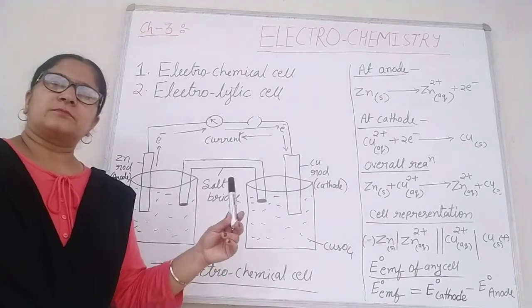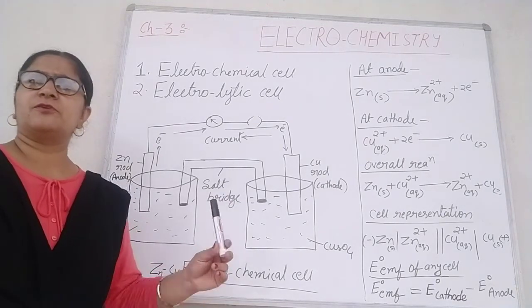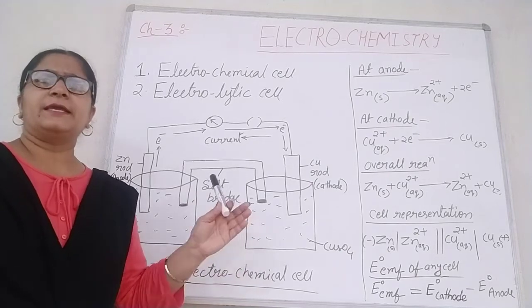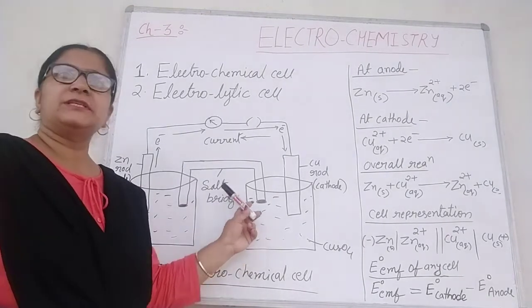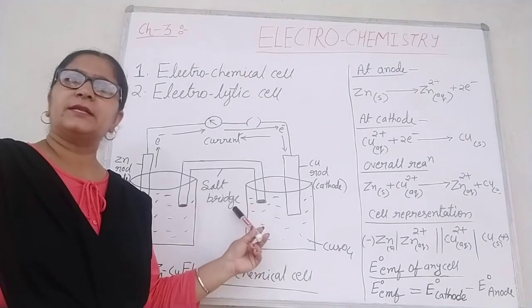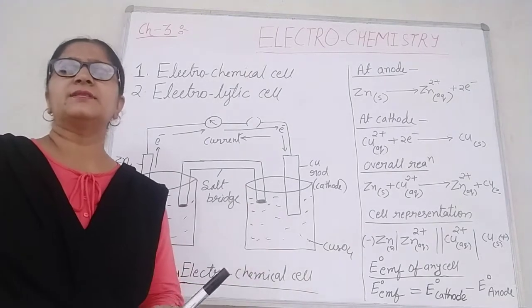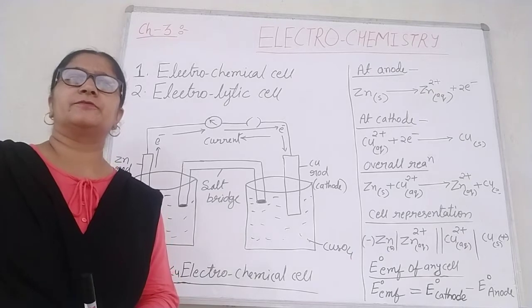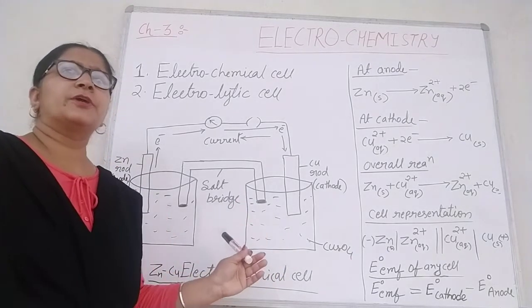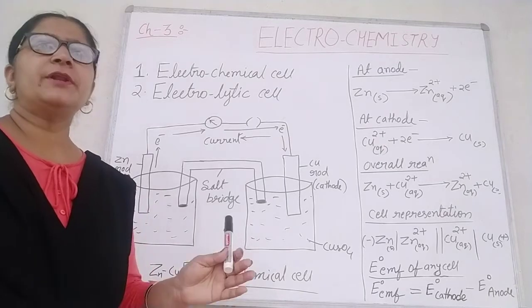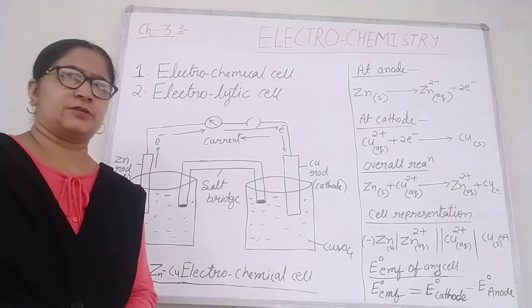Now, the two main functions of salt bridge are that it completes the inner circuit and maintains the electrical neutrality of the two solutions. On seeing the electrochemical cell, we will record the following observations.